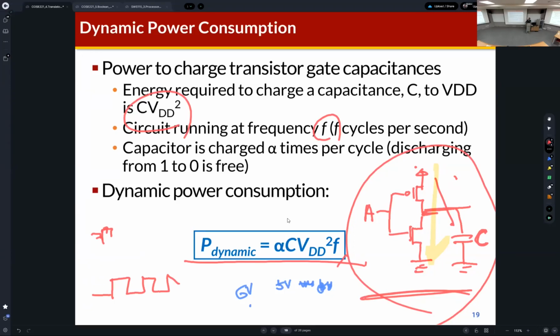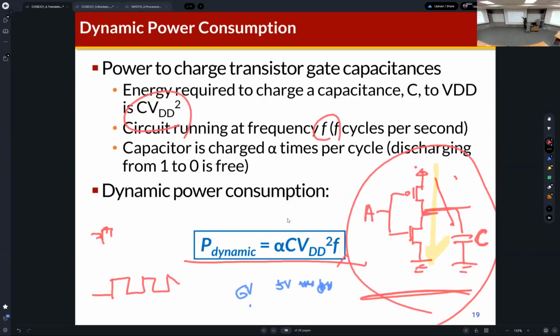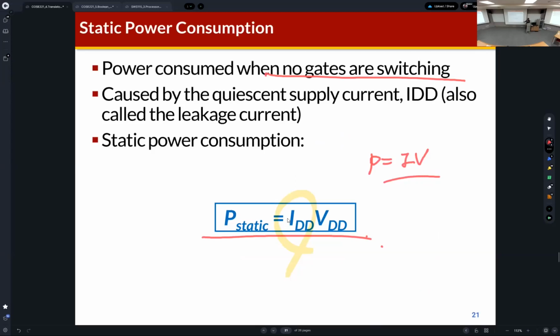It's not a perfect switch. Even though these transistors are off, electric currents can flow through VDD to ground, because there are no ideal devices in the world. So static power is also consumed in our electric devices.